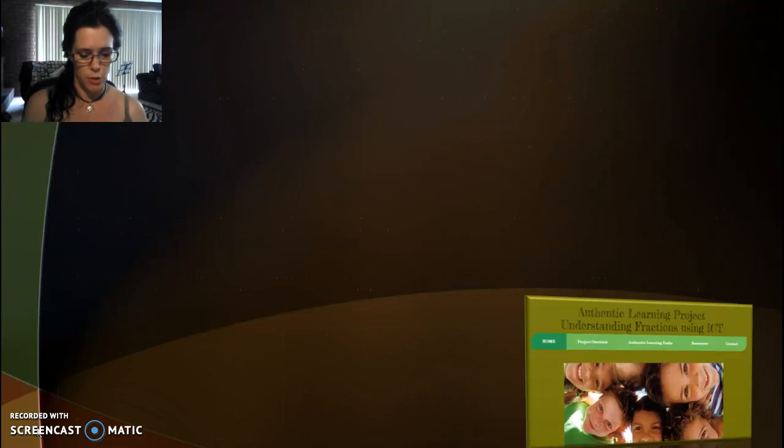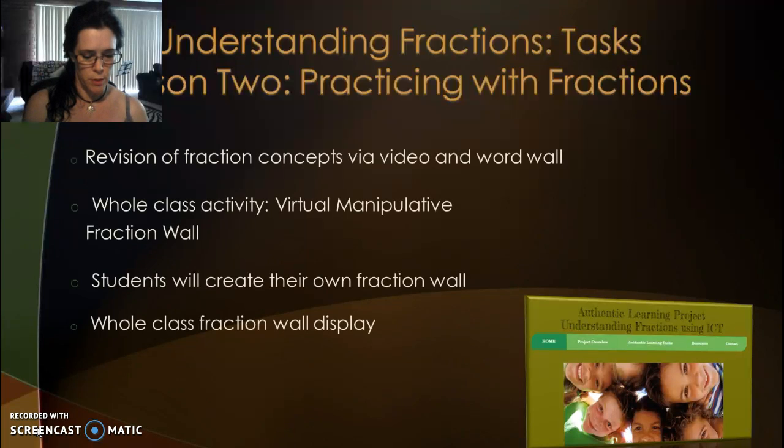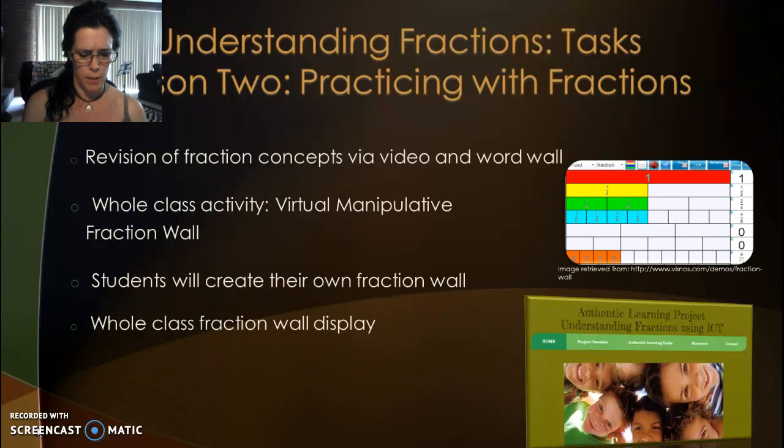In the second lesson, students participate in a whole class smartboard activity, which requires students to make and share decisions using a fraction wall. This tool explores the concept of equivalent fractions, and students will then make their own fraction wall. This will be followed up with creating a wall display which will lay the foundations for the end product of the learning project.